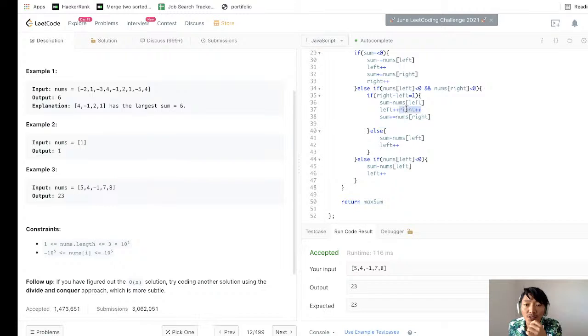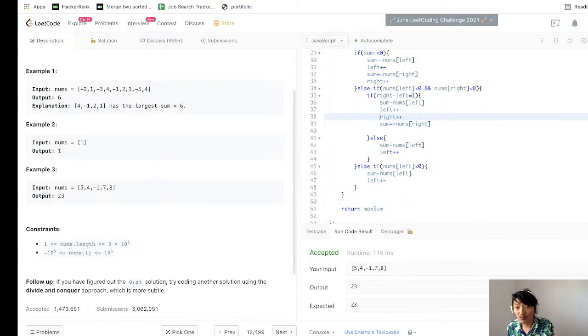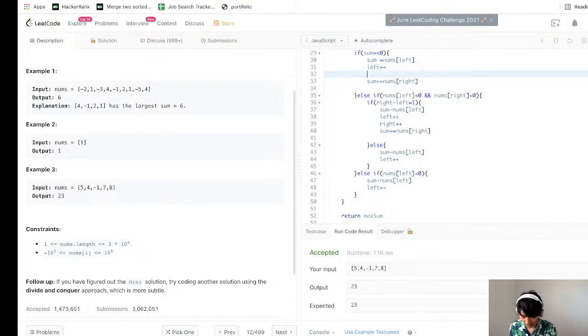We already added right, so this should be something like this. And this also should be, we need to add the right, and then we need to do this as an extra precaution.